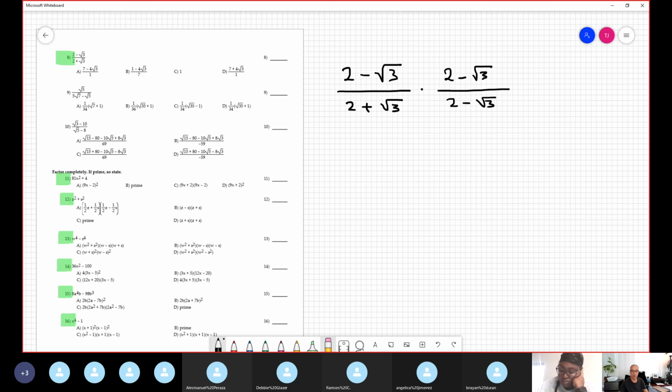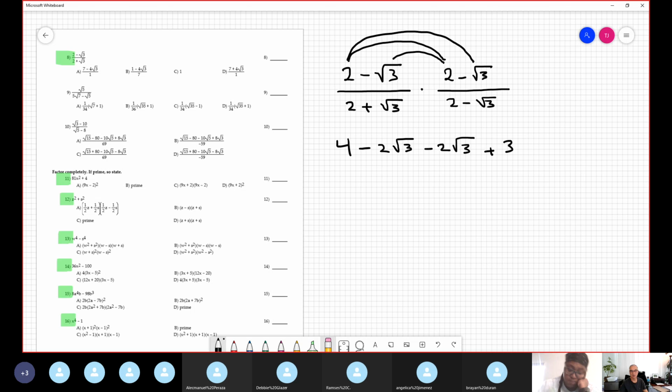In the top, you FOIL. 2 times 2 is 4. 2 times minus radical 3 is minus 2 radical 3. This and this is exactly the same, minus 2 radical 3. And radical 3 times radical 3 is plus 3, because negative and negative is positive.